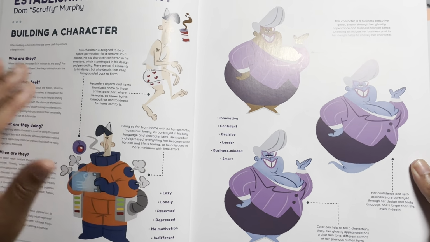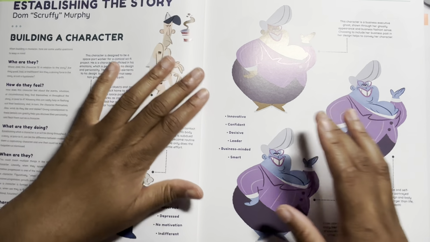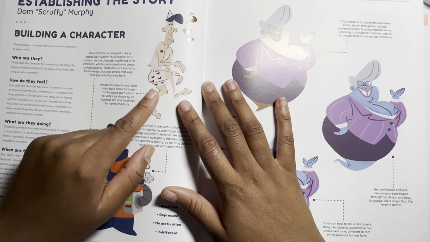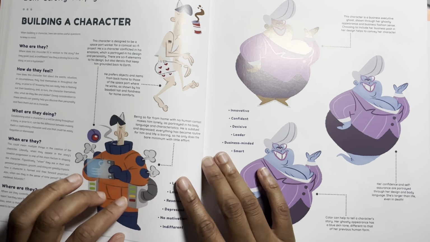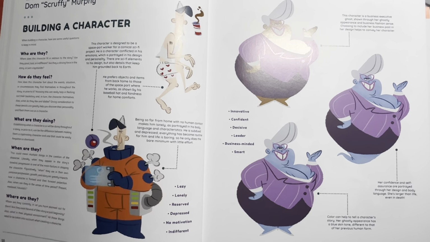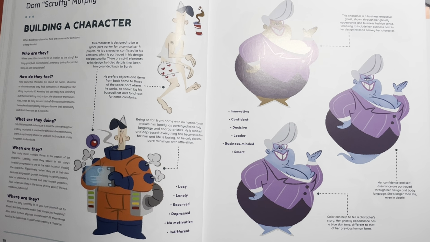Okay, so we have a few characters here, and it says this character is designed to be a spaceport worker. So that's this guy. He works in space, and he's conflicted in his emotions. Basically, he's lonely.